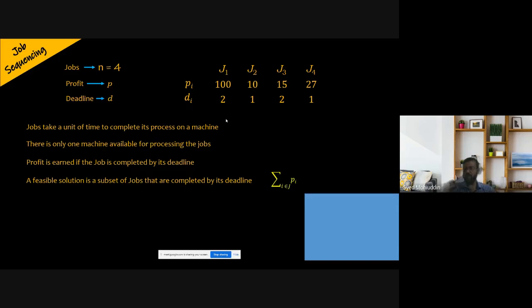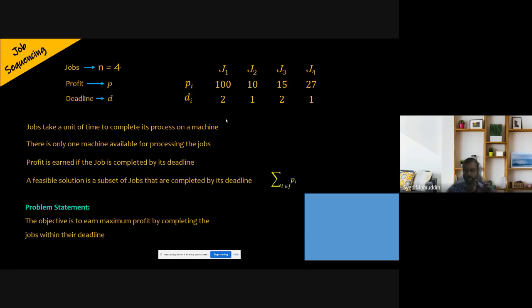The profit we get for a feasible solution is the summation of the profits of not all jobs, but only those jobs that can be completed by their deadlines. Now the objective is to earn maximum profit by completing jobs within their deadlines.